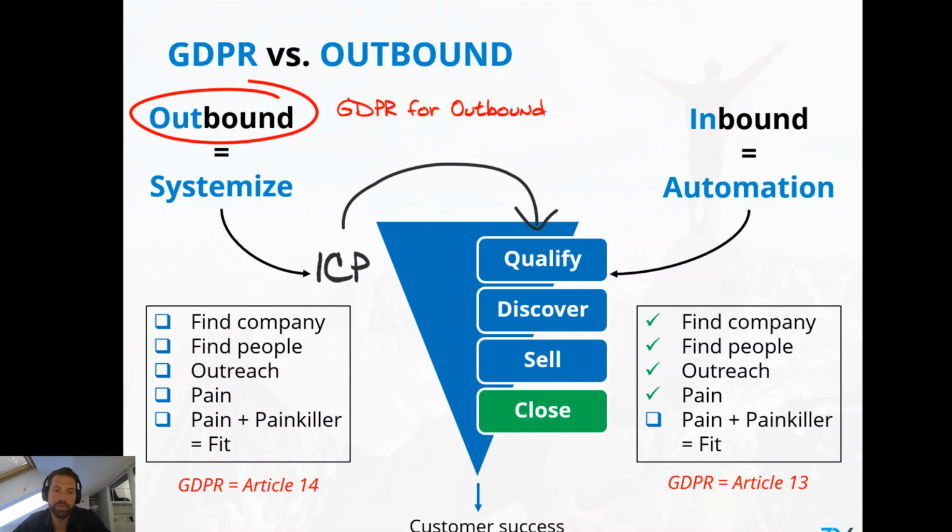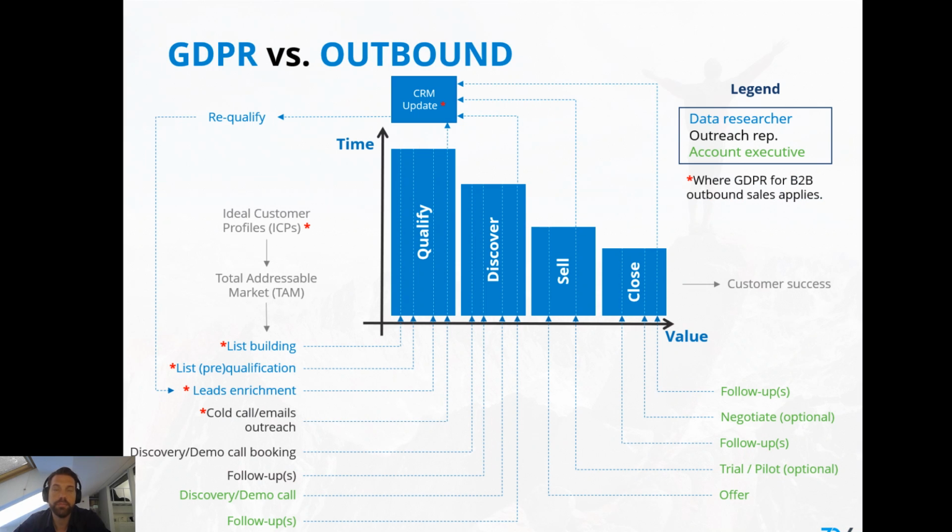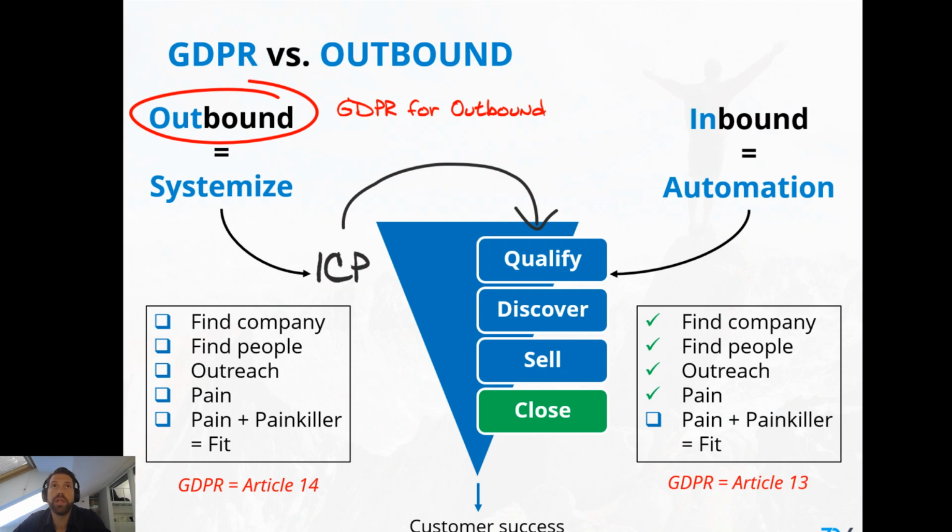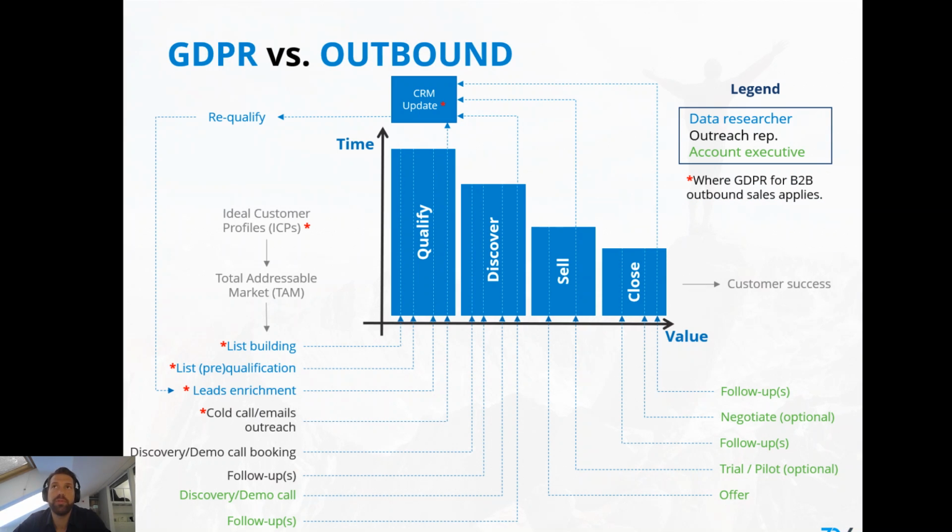But when it comes to doing the cold outbound outreach, it is your job to make sure that you follow the GDPR regulation and you follow Article 14. So looking at this funnel from that perspective, this is where the GDPR will apply in the whole process.